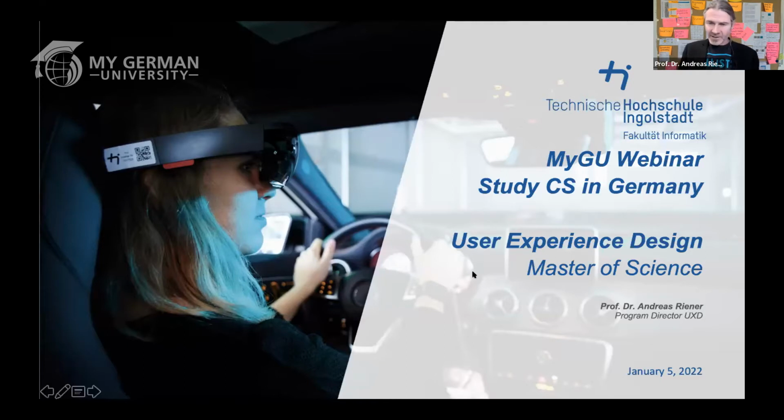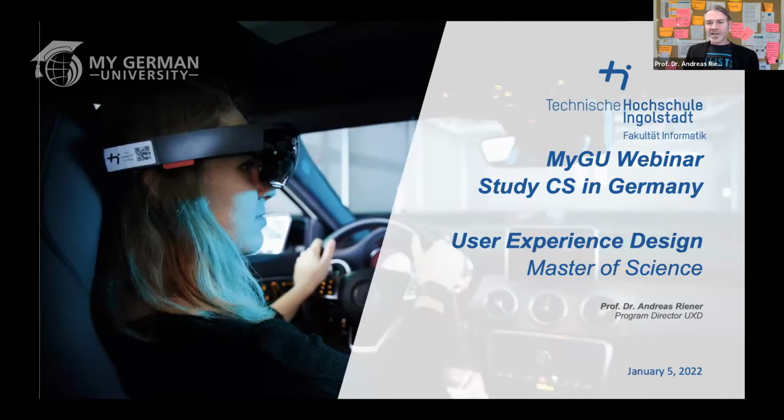I have another link which I post into the chat, which is the overview of our programs. And when you have a look at this page, you see that we are structured in different departments or faculties. Computer science is one of the 4 faculties, and I'm talking about our faculty in the rest of my presentation, of course.